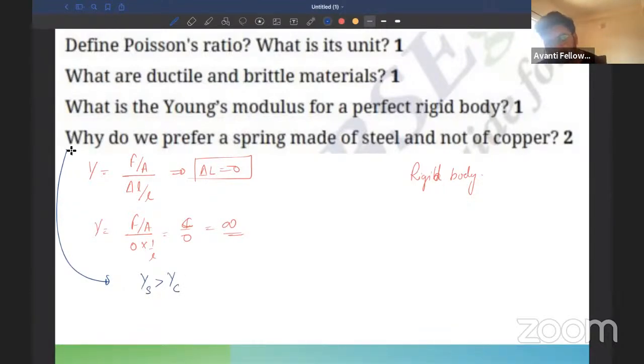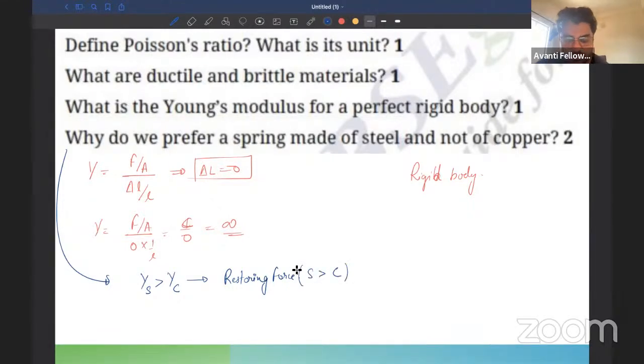If Young's modulus of steel is greater than that of copper, then for the same shearing strain, the stress or the restoring force developed in the spring will be more than in the spring made of copper. So I can say that the restoring force of steel is greater than copper.